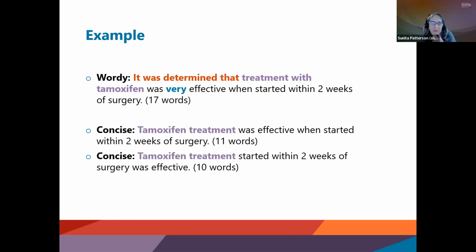You can watch for wordy phrases like "it was determined that," unnecessary. You can watch for prepositions. Treatment with tamoxifen can become tamoxifen treatment. You can watch for subjective words like very or quite or much. A lot of times you can take those out and still accomplish the same meaning.